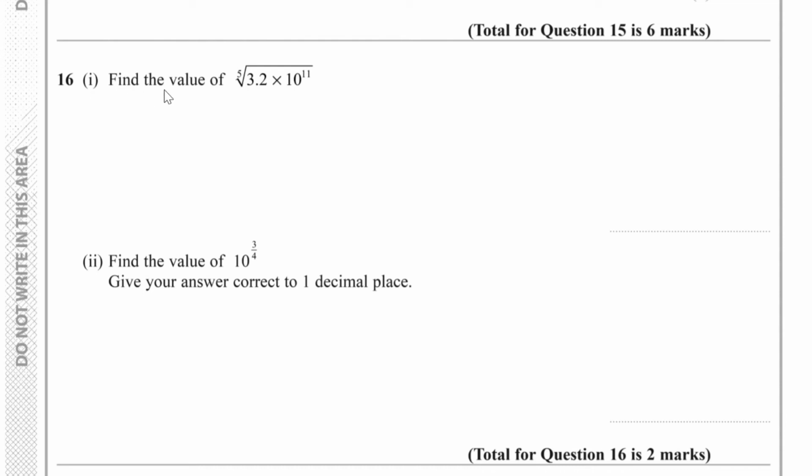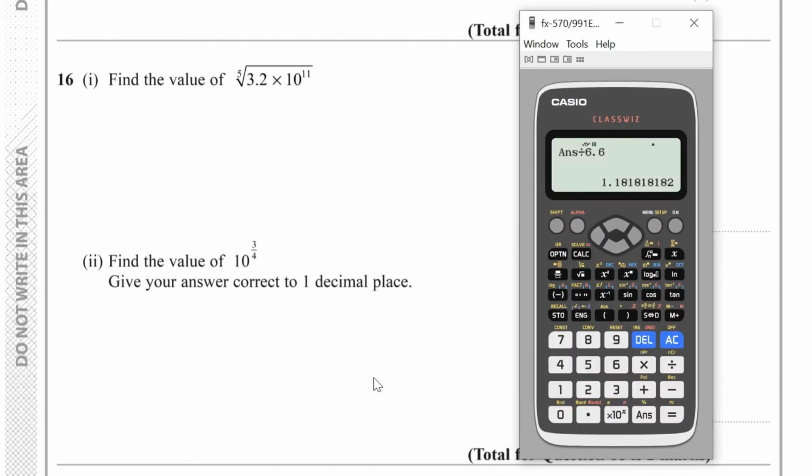Question 16, for the first part, we have to find the value of the fifth root of 3.2 times 10 to the 11. Well, on our calculator, we can type all of that in. So if I press shift and this button here on the ClassWiz, here I've got the fifth root of 3.2 times 10 to the 11, which is 200.